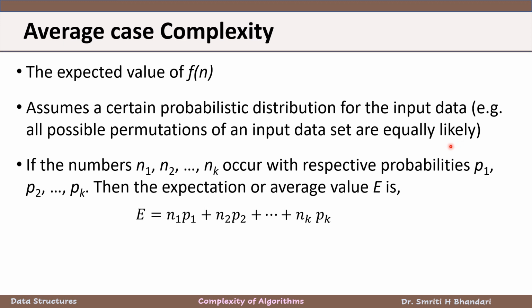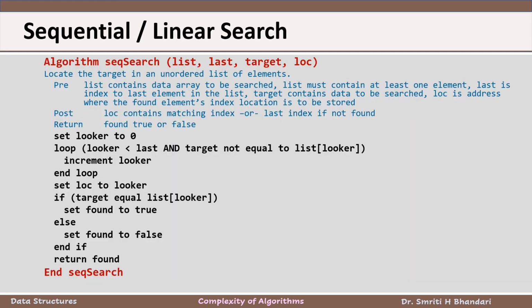So if this is the assumption, then if we are having the numbers say n1, n2 up to nk, and they occur with respective probabilities, say P1, P2 up to Pk, then the expectation or average value E is given as the sum of product of these respective numbers. So n1 into P1 plus n2 into P2 so on up to nk into Pk gives us the expectation or average value E.